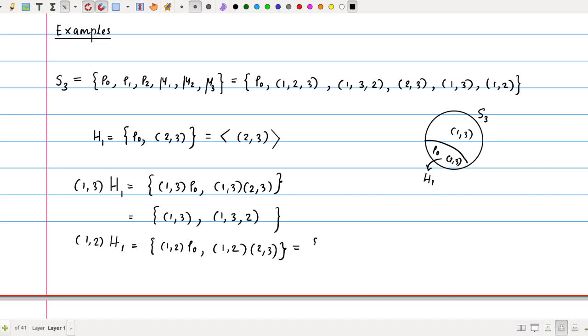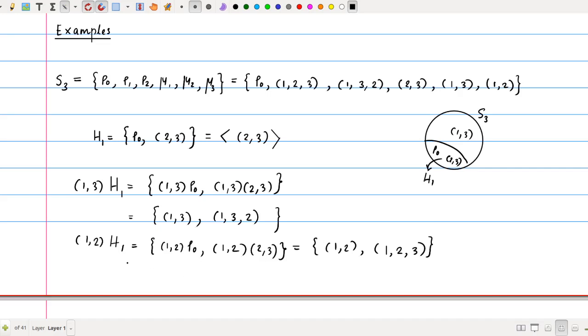To evaluate it: 1 is mapped to 1 and that 1 is mapped to 2, so 1 goes to 2. 2 goes to 3 and 3 is fixed in this component, so 2 goes to 3. Then 3 goes to 2 and 2 goes to 1, so 3 is mapped to 1. This completes one cycle. So this is another coset of H1 corresponding to (1, 2).